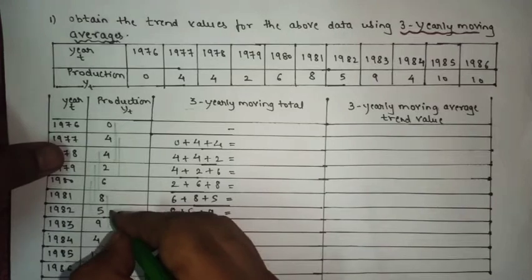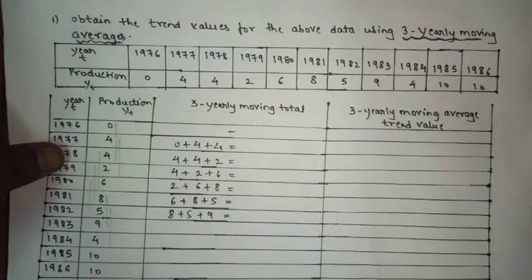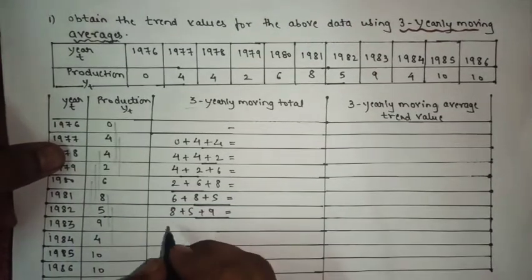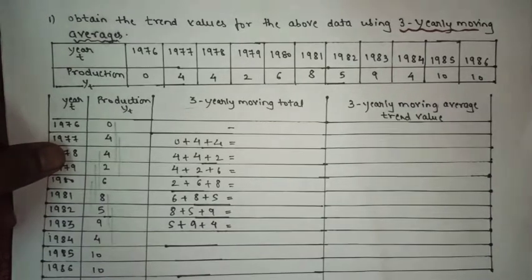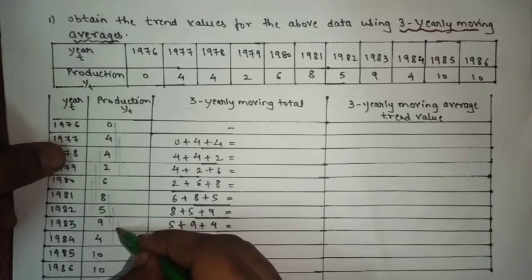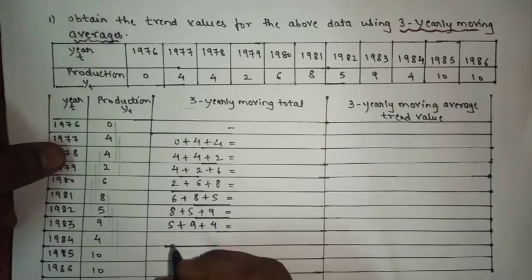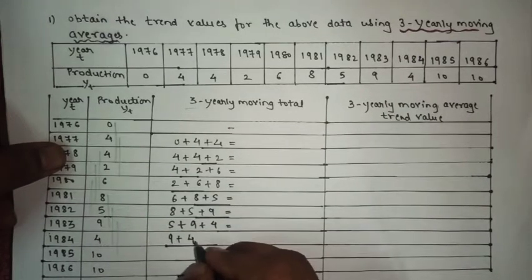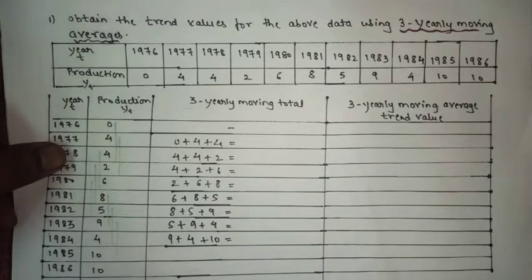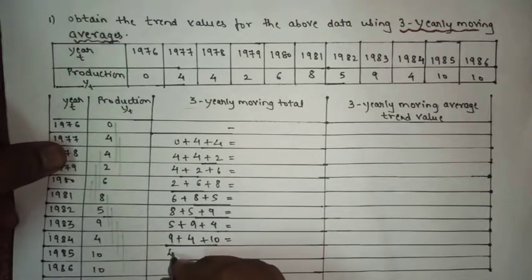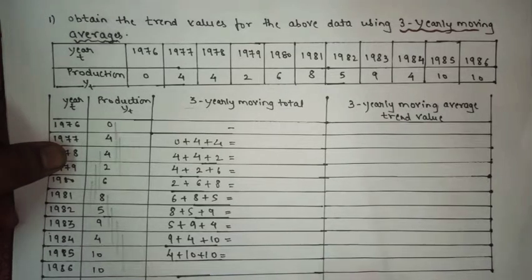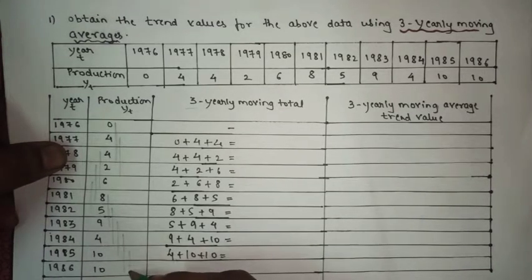Then 5, 9, 4, yes or no? 5 plus 9 plus 4. Then after that, 9, 4, 10: 9 plus 4 plus 10. And the next, 4, 10, 10: 4 plus 10 plus 10.